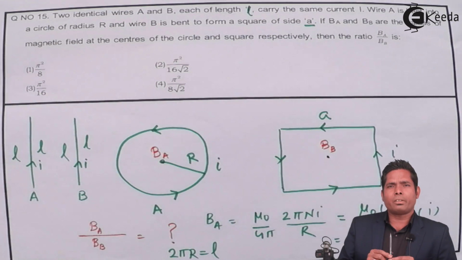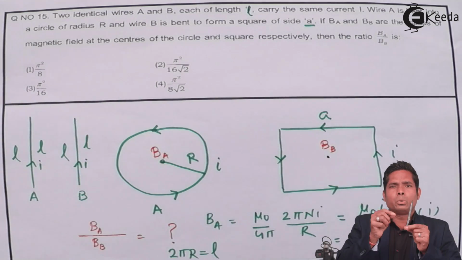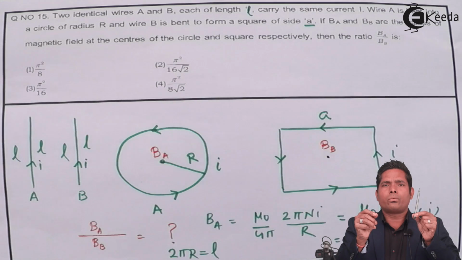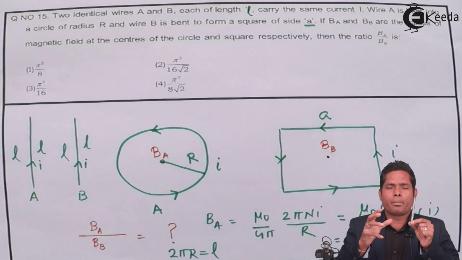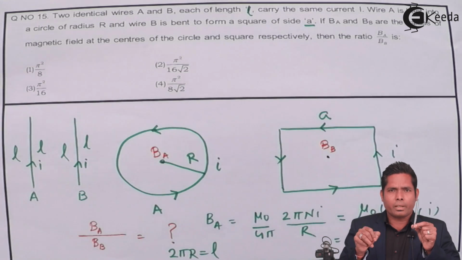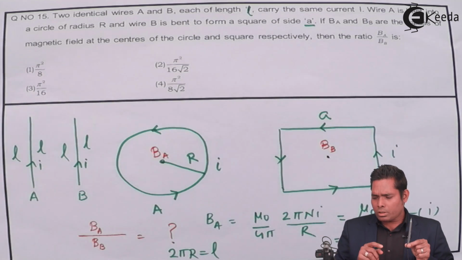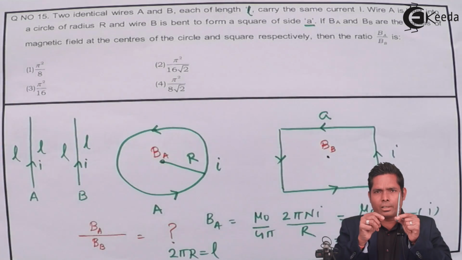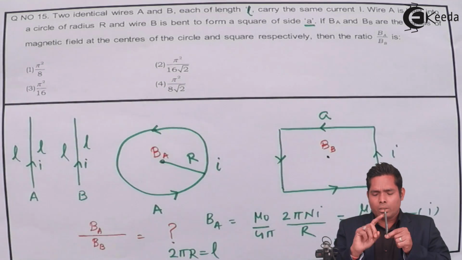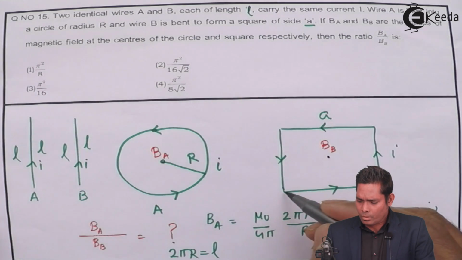Whatever the magnetic field due to each side is, you multiply it by 4, and that will give the magnetic field at the center of the square loop. So first of all, we have to find the magnetic field contributed by a single length of the wire. Let us find that.